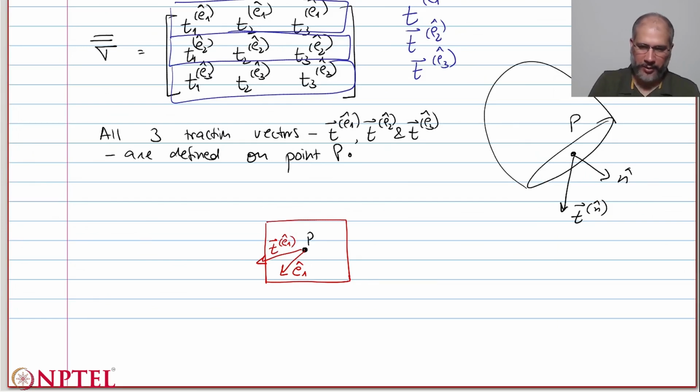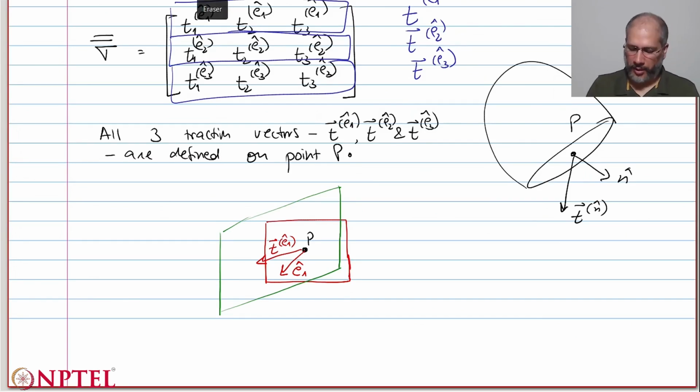So I'll have another cutting plane which is passing through the point P, like this. And this cutting plane has a normal in the E2 direction, and the traction vector would be something like this. Then we have a third cutting plane, which has a normal in the E3 direction, which we'll draw like this.